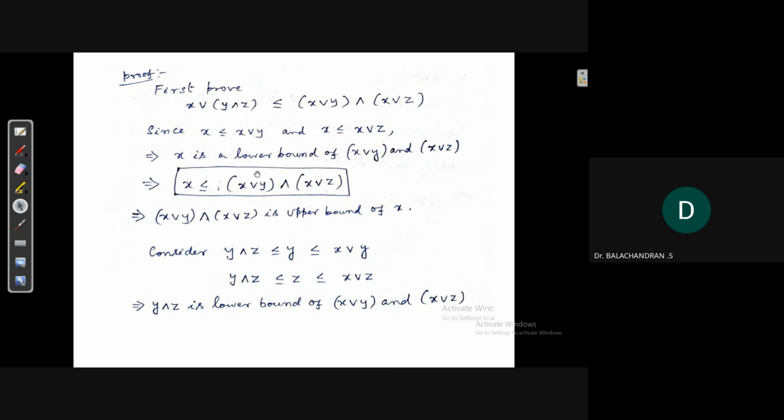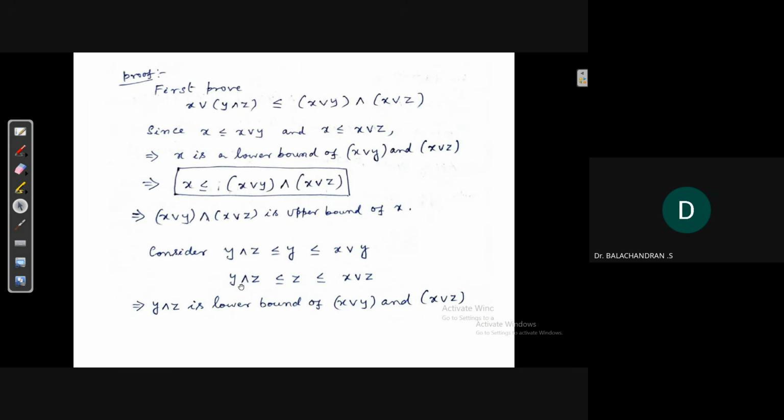So for this, consider y ∧ z. y ∧ z is less than or equal to y, the reason being that it is the greatest lower bound of y and z, so it is a lower bound of y as well as z. Then y is less than or equal to x ∨ y, the same idea as x less than or equal to x ∨ y.